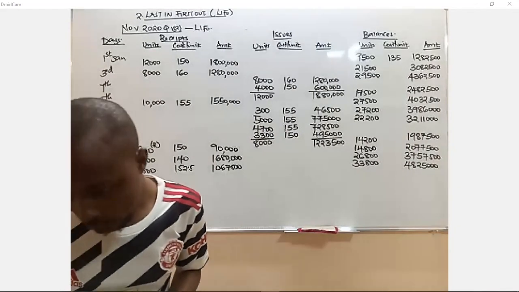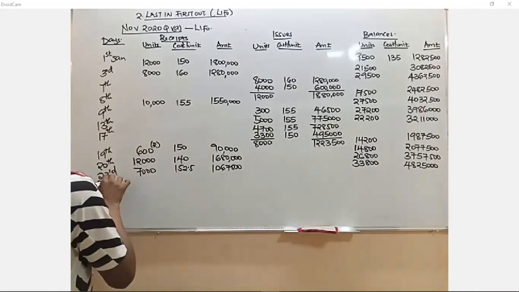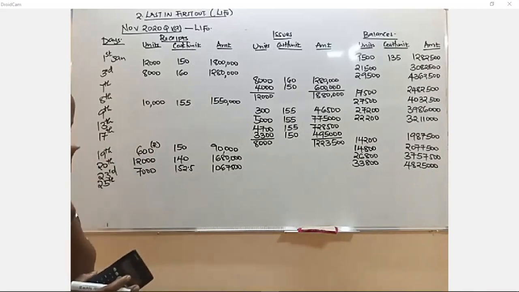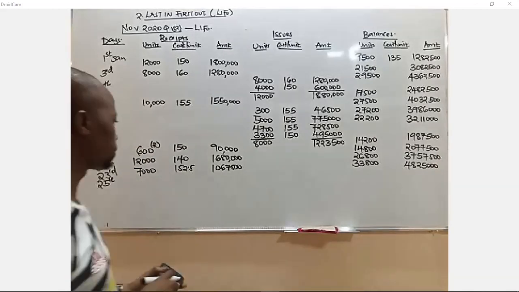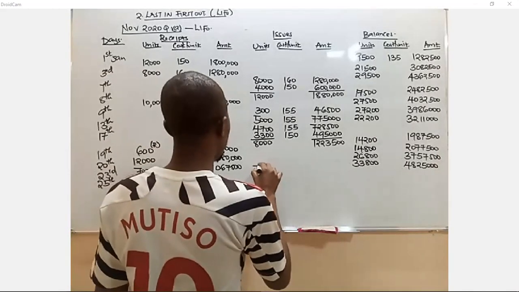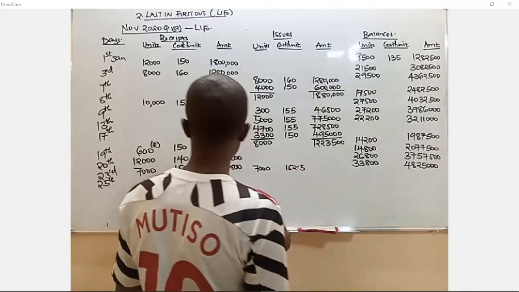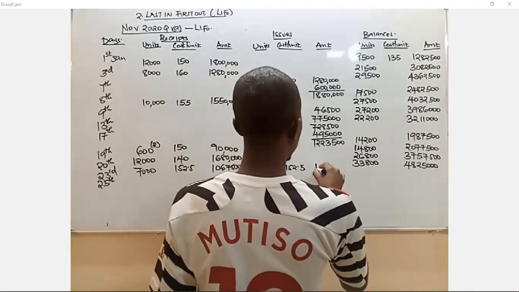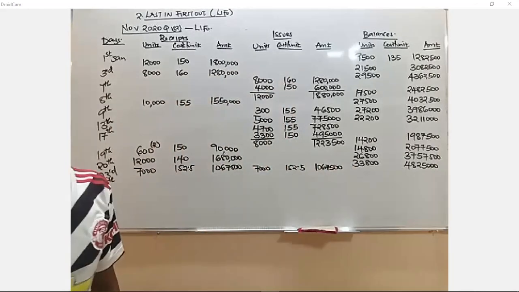Then we have the 25th. We were able to sell on the 25th. Here we have an issue now. So how many units are we issuing? I can see 11,000, but the last thing we have is 7,000. So first let us issue 7,000 by 152.5, getting 1,067,500, right? Then the balance is 4,000.